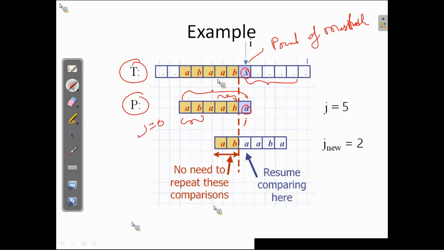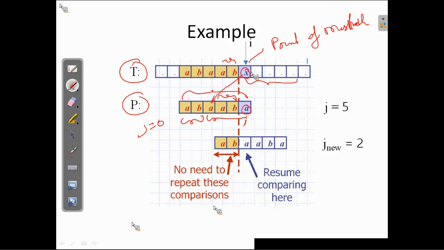So if I start matching from here and again start matching X with AB, it is meaningless. That is, this AB with this AB, because this is a point of mismatch, I again go back. So this is deemed to have matched. Okay, and since it's in the suffix, now this is deemed as matched. So I should compare this X now from here.